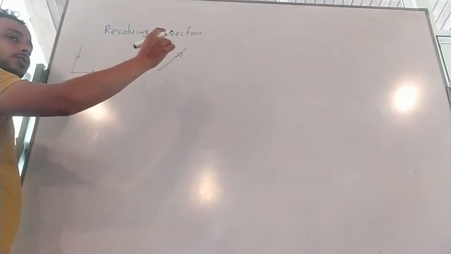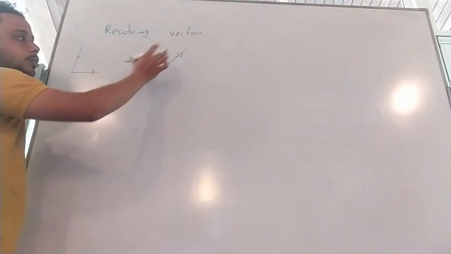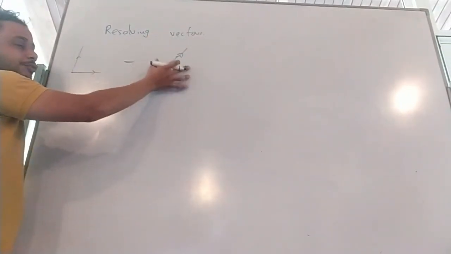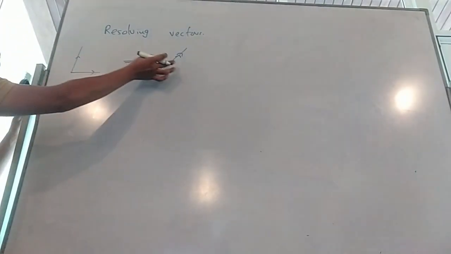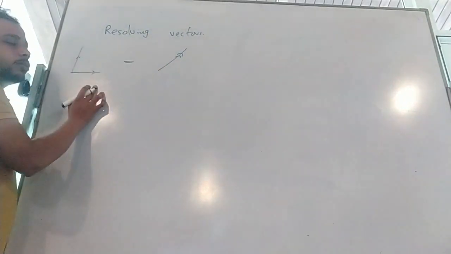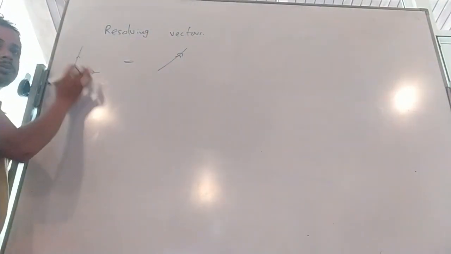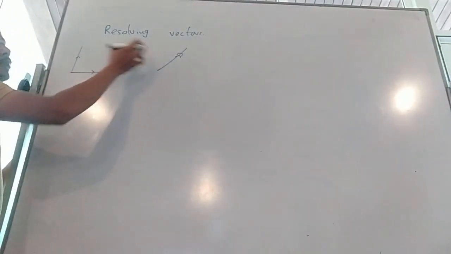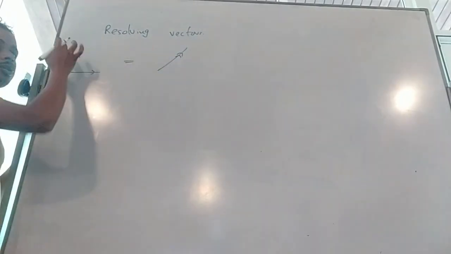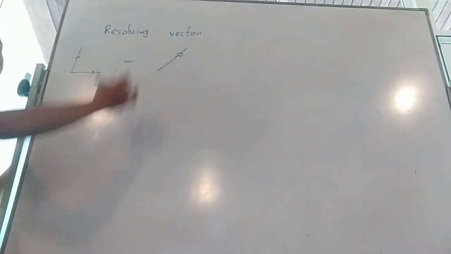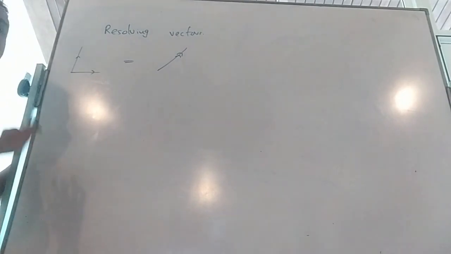So that means if you have one vector, we can use two vectors to represent that one. The single job this one is doing, these two can do on their own. So if you can convert two vectors into one, then you can convert one vector into two as well. That is what we call the resolving method, converting one vector into two.